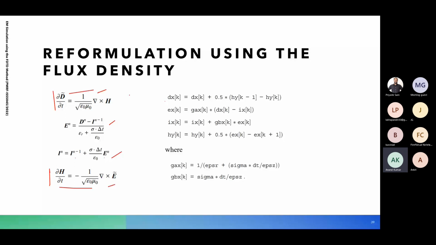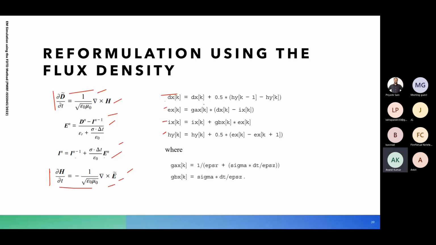So D is calculated using this expression. Electric field is calculated again using this expression. I is calculated using this expression, and H is calculated using this expression. So nothing new. You are already familiar with how to write the update equations if you have something of this form for 1D.